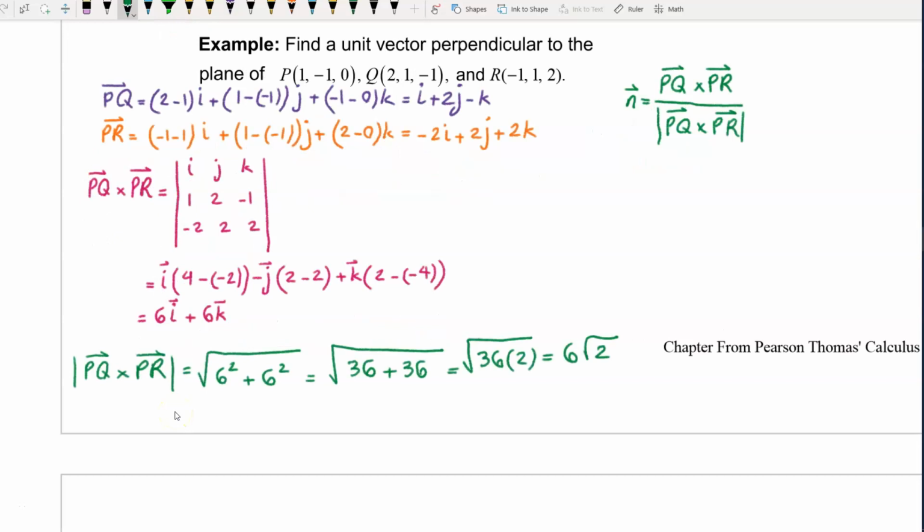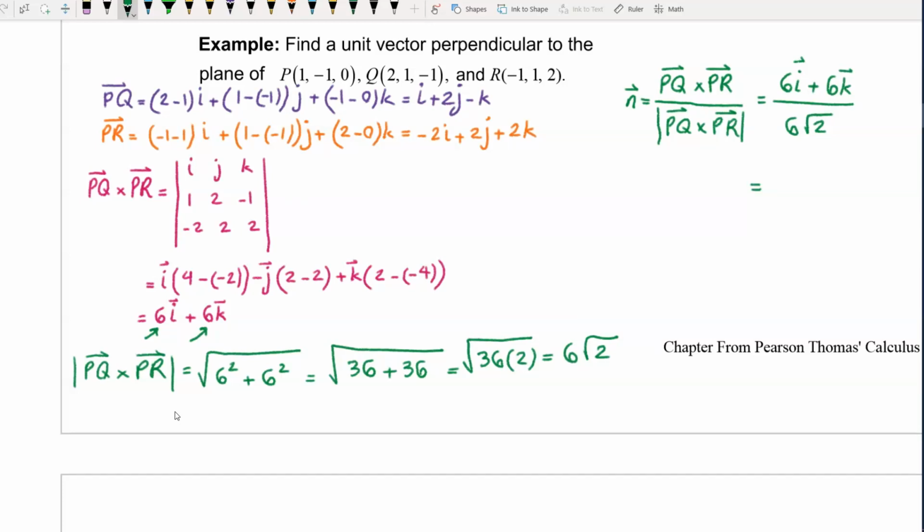So length of PQ cross PR is equal to square root of, here first component we have 6, so 6 squared plus, here again we have 6, so that is 6 squared. It is equal to square root of 36 plus 36, and this is equal to square root of 2 times 36. And here our answer is equal to 6 times the square root of 2. So use this here in denominator. And here on top we have 6i plus 6k.